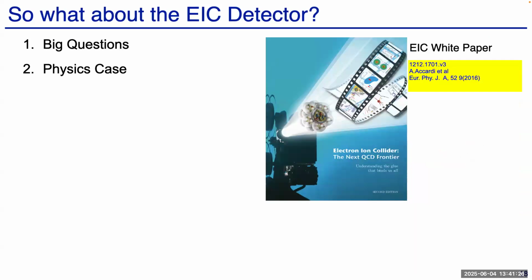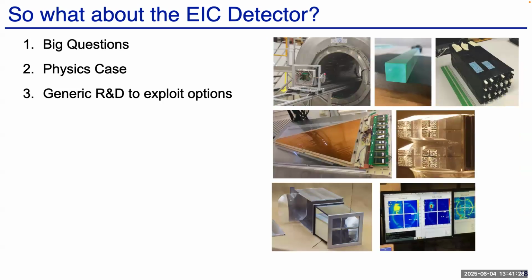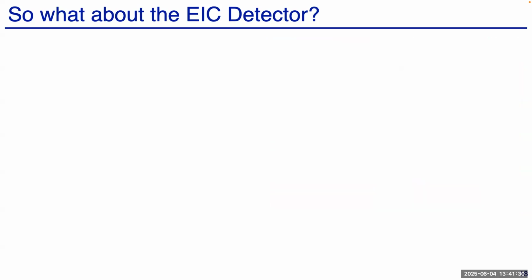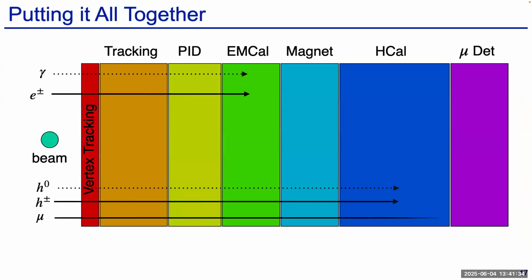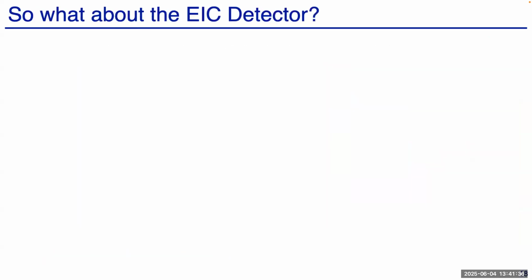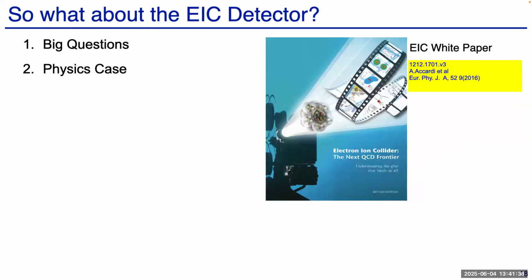And then you have to make your physics case. By the way, this was done. Shoot, go back. Don't you love animation? So, the physics, the big questions, were actually discussed at an INT workshop in Seattle, which lasted several months.